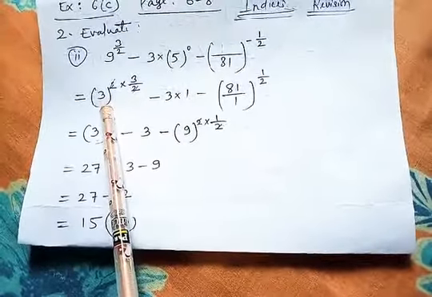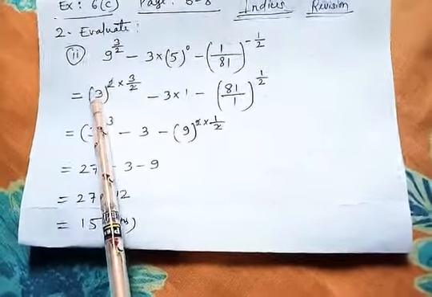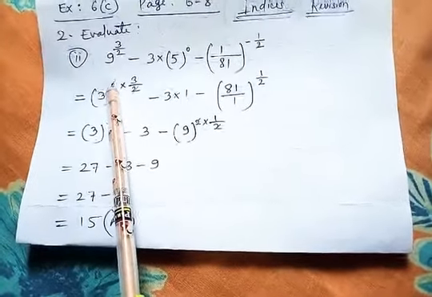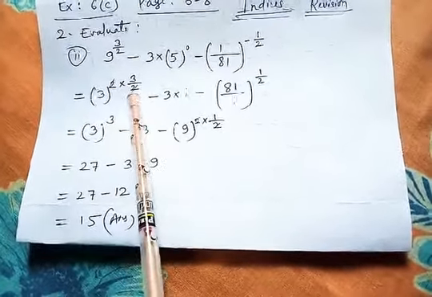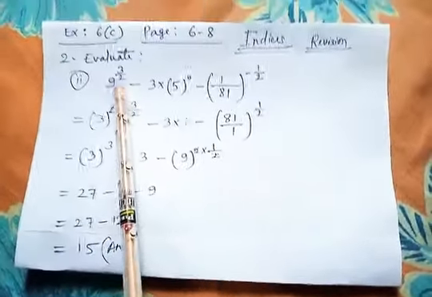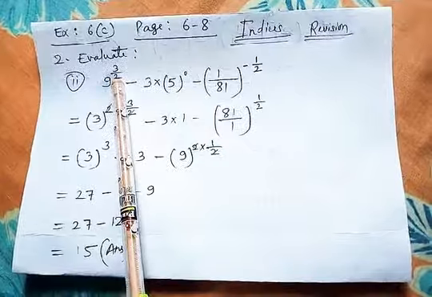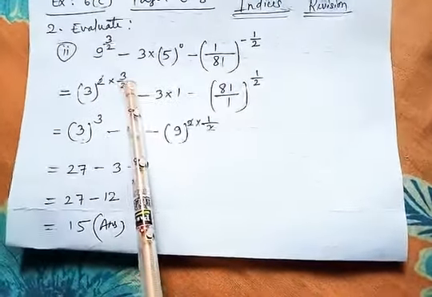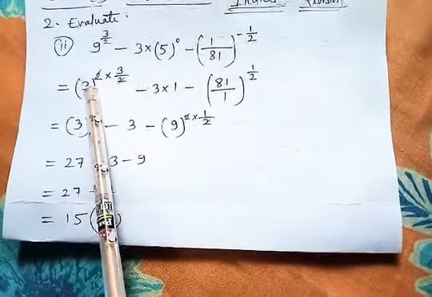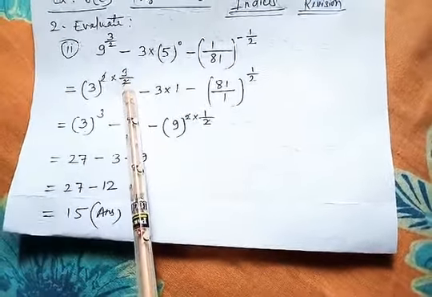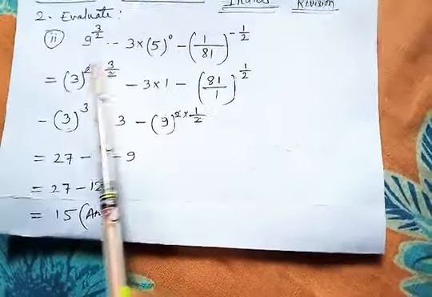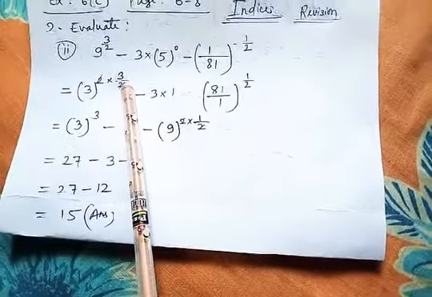Now you might be asking, sir, why do we have to make it 3 square? Because if I write 3 square, this square 2 and the denominator 2 will cancel, and the fraction at the power will vanish and we will get 3. We will get a perfect number. Now it is no more a fraction. It was 3 by 2, now it has become only 3, because 2 got cancelled.